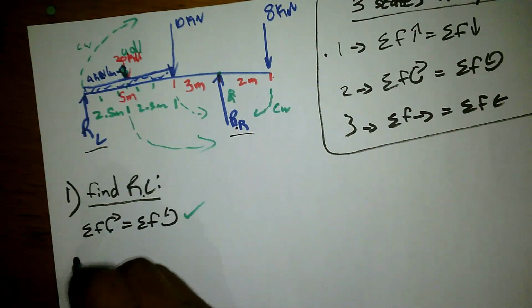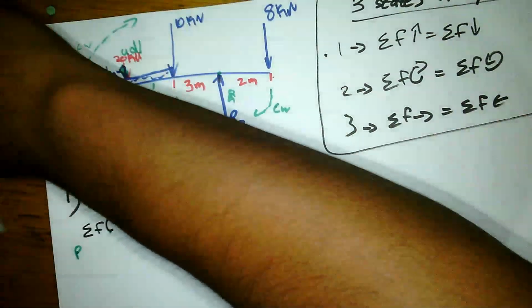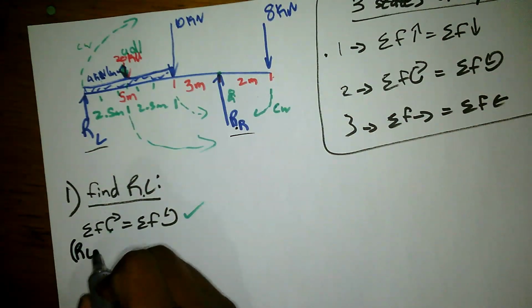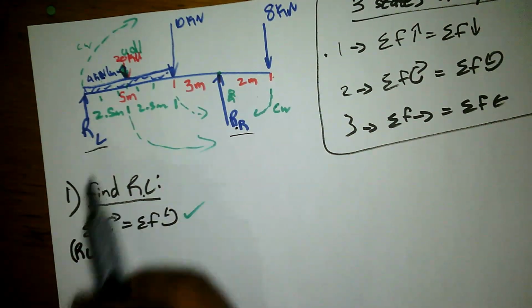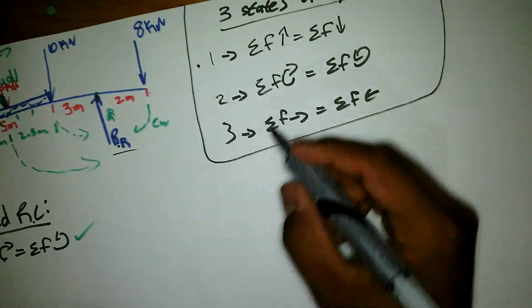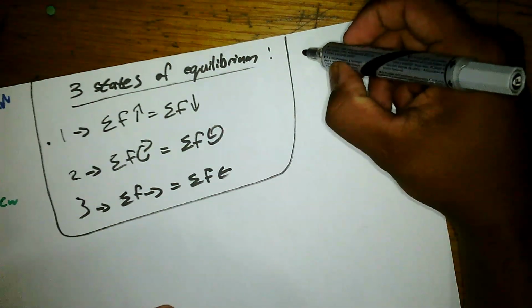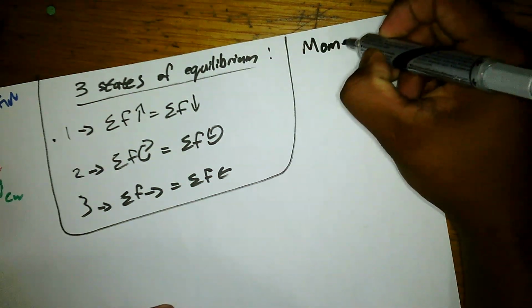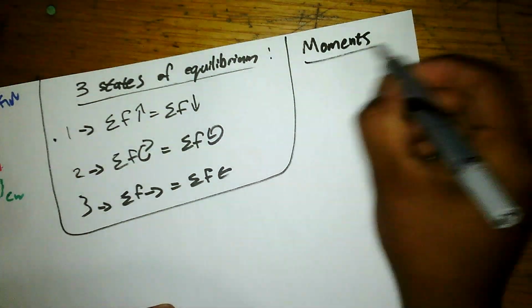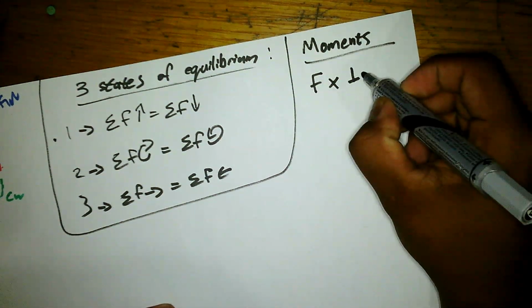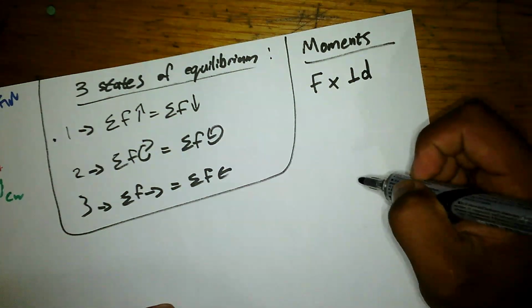Okay, now we substitute. Let us change to black. Now we can say RL in a bracket times. So now, what is moments? Moments is force times perpendicular distance.